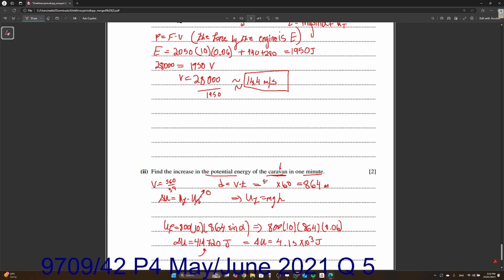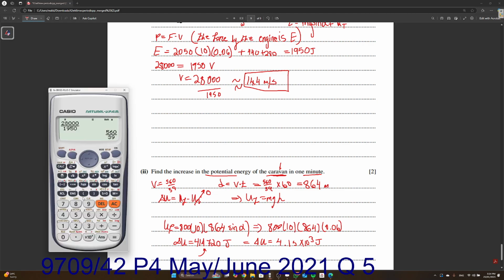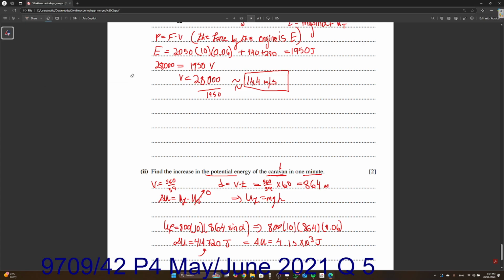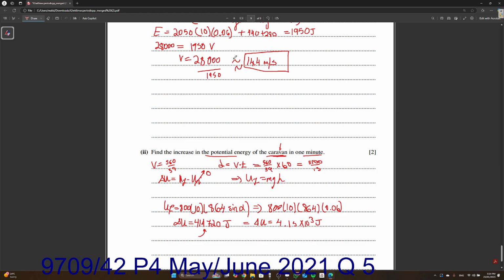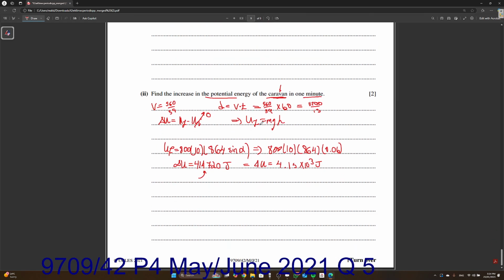So you can do 560 over 39 times 60, which is, let's just keep it as 11,200 over 13, so that we can get an exact answer. Always do this when you're working with a value that isn't exact. You need to keep on using fractions, okay? So times over here 11,200 over 13.